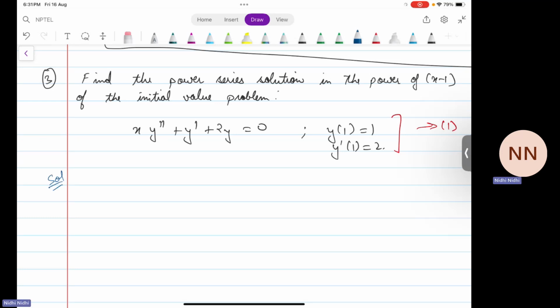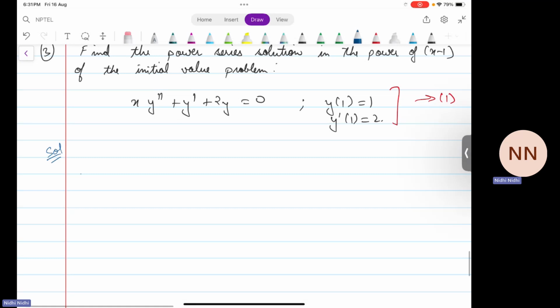So I hope it is clear enough that x equals 1 is an ordinary point for this problem. I hope I don't need to explain it again clearly. x equals 1 is an ordinary point.